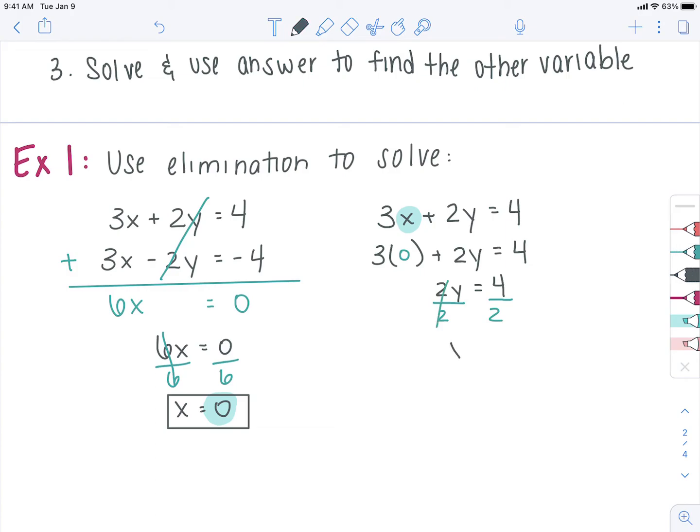And I get y equals 2. So once I have an x and I have a y, then I'm done solving that. So I eliminate one of the variables. Once I solve that simplified equation, I plug my answer back into one of the equations and solve for the other variable.